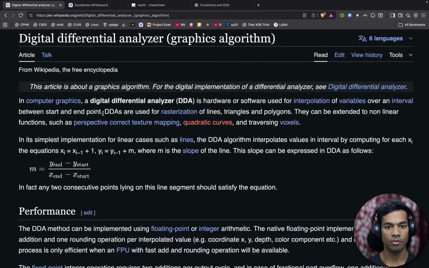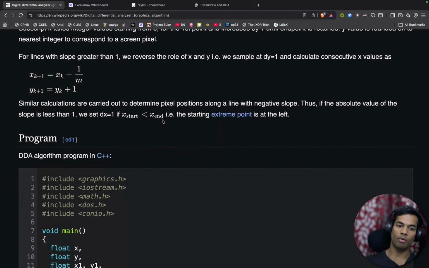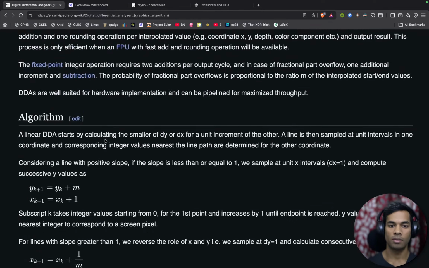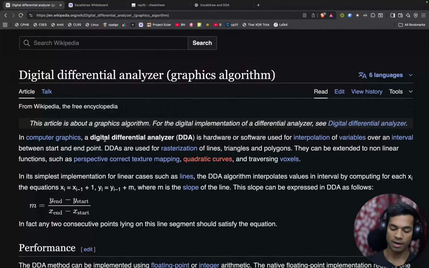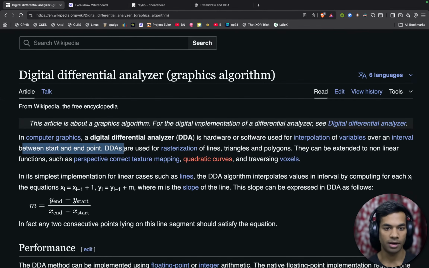Here we are not looking for where the line would be outside the set of the points which are given. We are giving more precision to the lines in between the points that we already know. So that is interpolation of variables over an interval between start and endpoint.